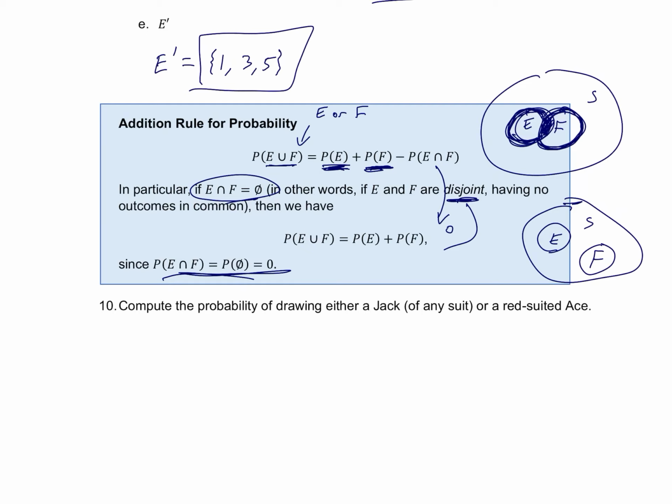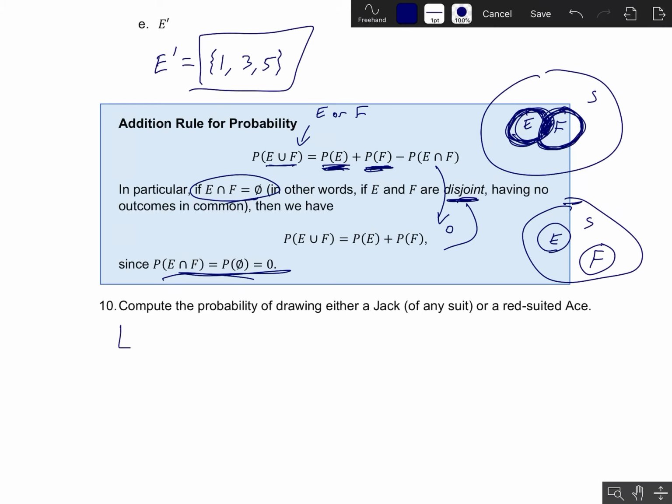So let's look at problem 10. So let's compute the probability of either drawing a jack or a red-suited ace. So here, just to be especially pedantic, I'm going to write down that E is the event that we draw a jack, and F is the event that we draw a red-suited ace.